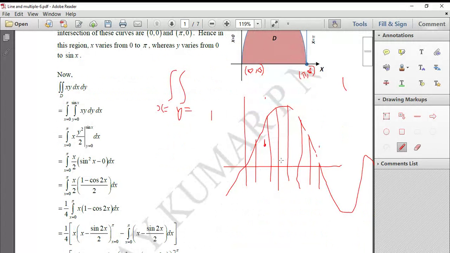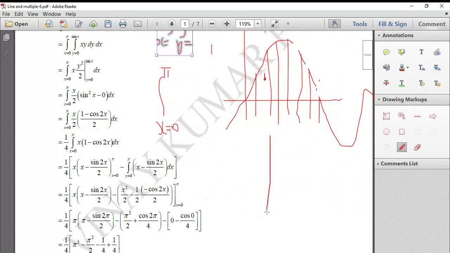Now, what is the limit for this? That is the question. I can choose x from 0 to pi. When you choose x from 0 to pi, the whole of the lines starting from x equal to 0, x equal to all fractions, up to pi will come.